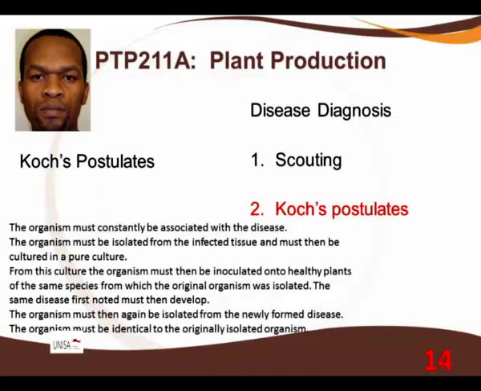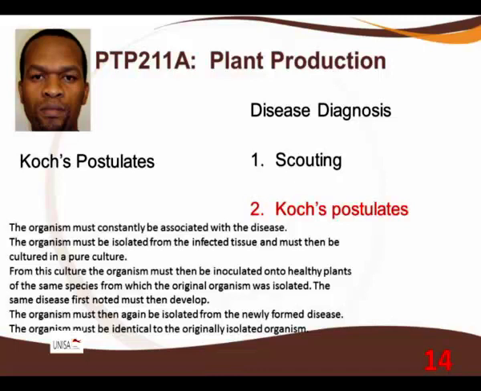Koch formulated a set of rules called Koch postulates, which state that the organism must constantly be associated with the disease. The organism must be isolated from the infected tissue and must then be cultured in a pure culture.